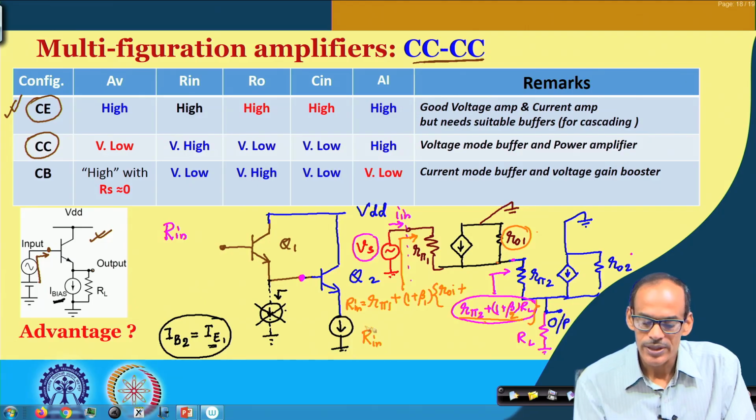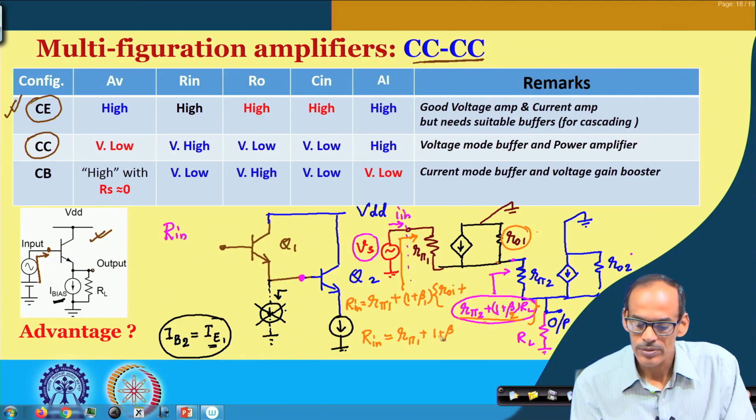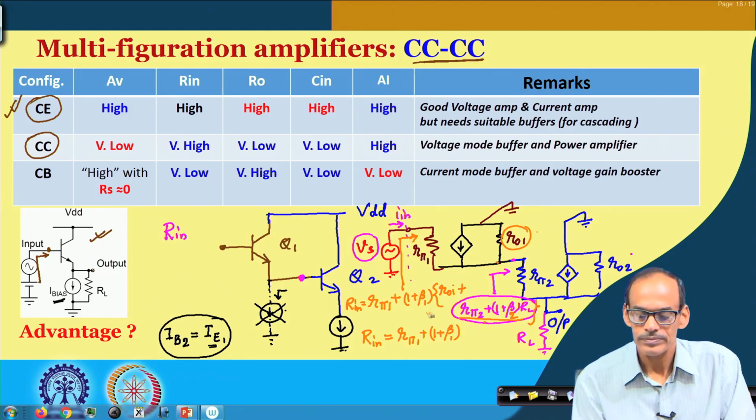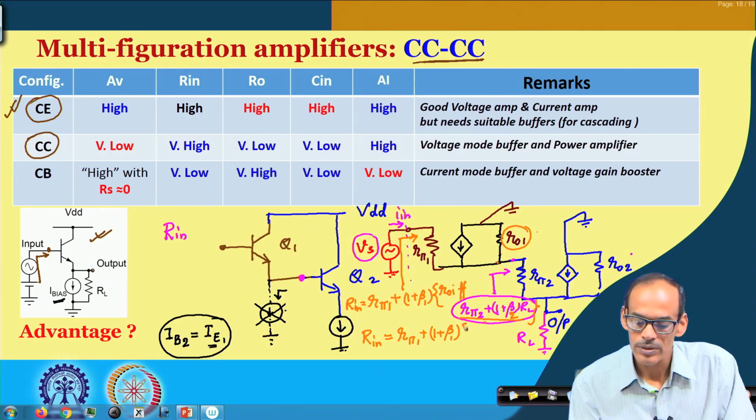To summarize this input resistance, it is R pi 1 plus 1 plus beta 1 into, okay, this should not be plus, it should be rather in parallel with whatever you do have.